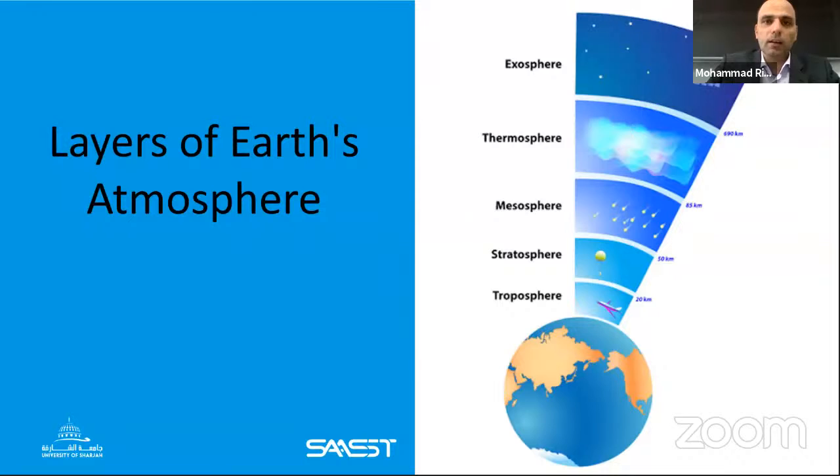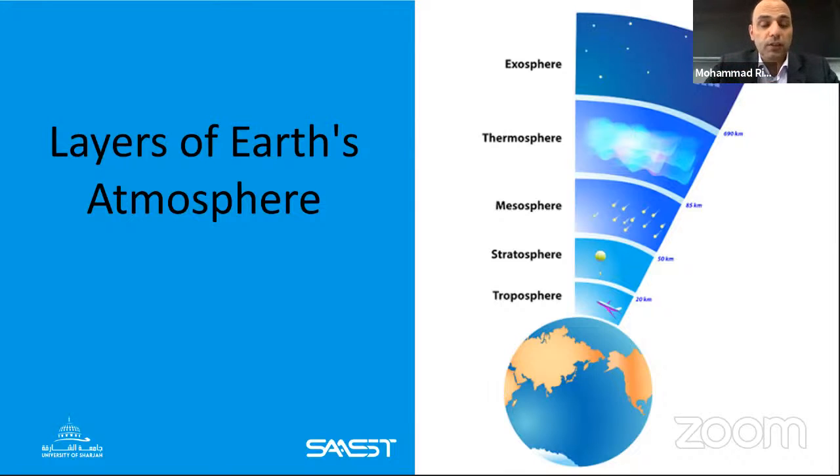Now I will start with the atmosphere layers. The scientists for decades divided the atmosphere into several layers, starting from the Earth's surface. The first layer stretches from the Earth's surface up a few kilometers.